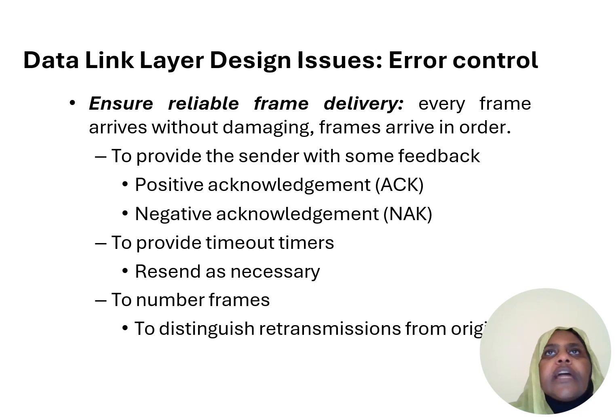To provide this, there are 2 types of acknowledgements: positive acknowledgements and negative acknowledgements. Positive acknowledgements are sent when the frame reached the destination free of errors, and negative acknowledgements are sent when the frame reached the destination with errors.